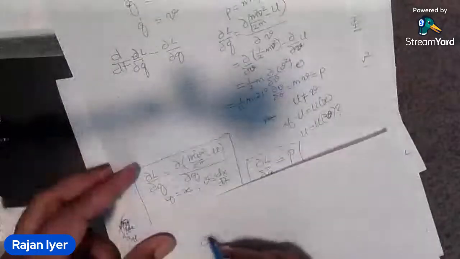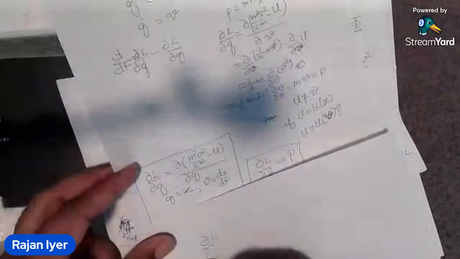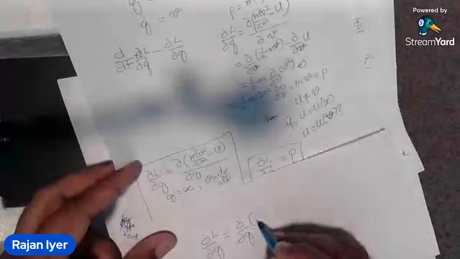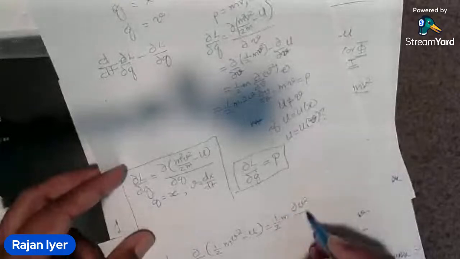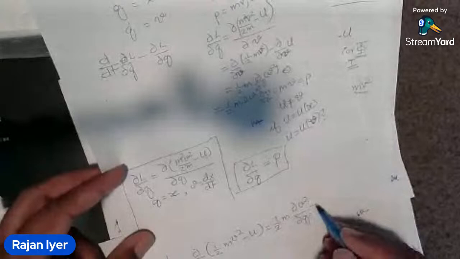So I have del L over del q equals del over del q of half mv squared minus u. And then I can take each one. So I can take half m, then I can do del v squared over del q minus del over del q of u.